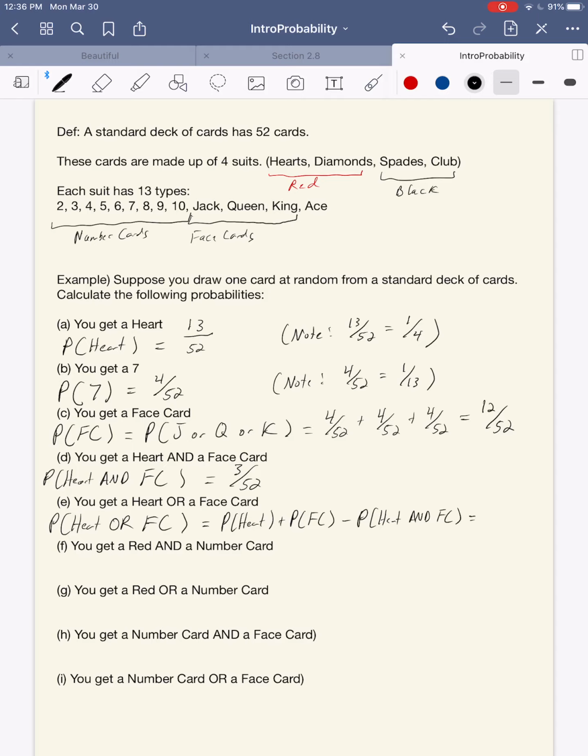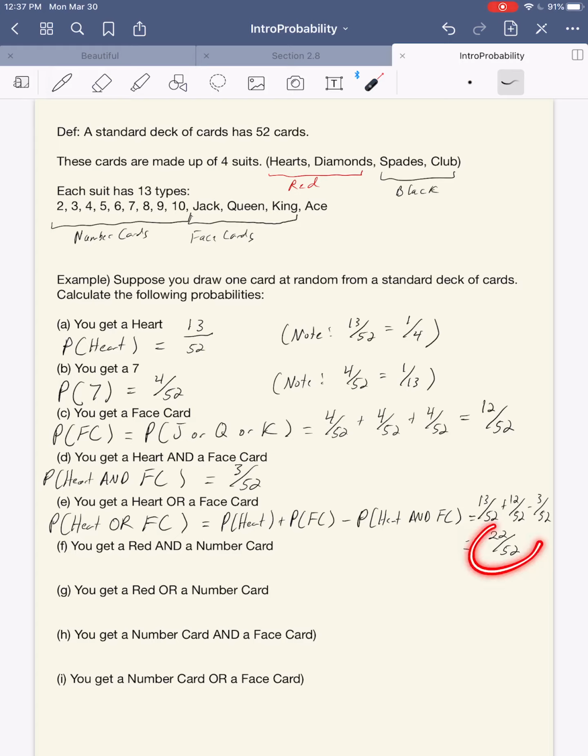But notice we calculated all those, right? We calculated the probability of a heart right there. We calculated a face card right there. And we calculated the probability of the and right there. So this should just be 13 out of 52 plus 12 out of 52 minus 3 out of 52. Which if you calculate, sorry, it's a little messy there, looks like you should get 22 out of 52.